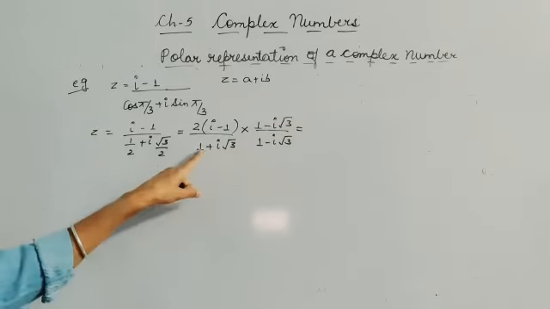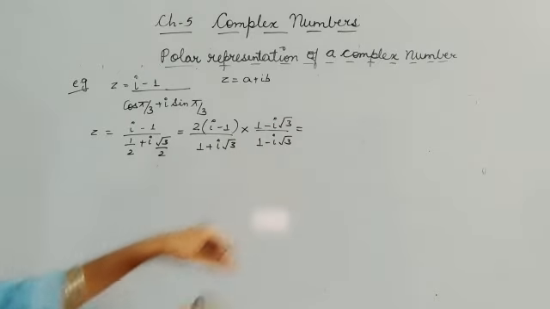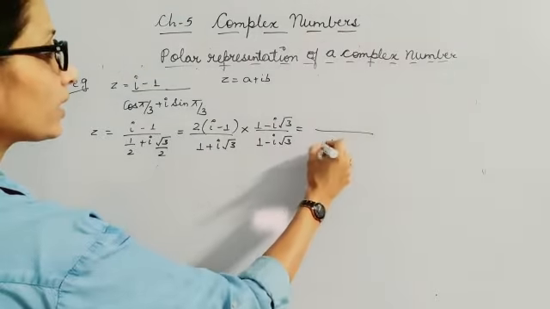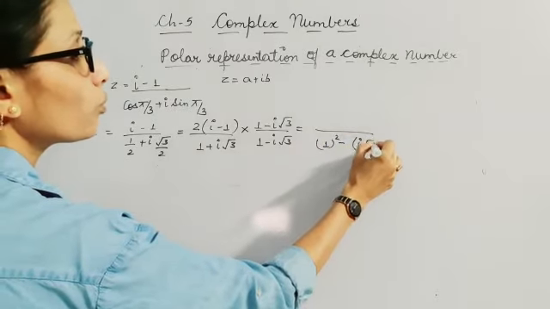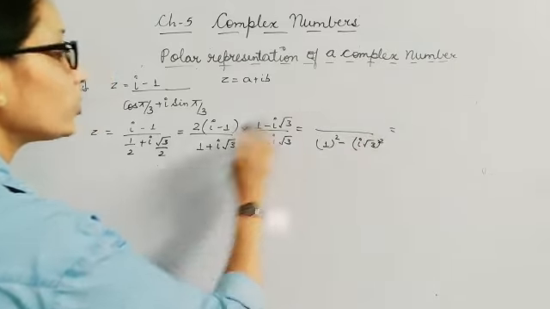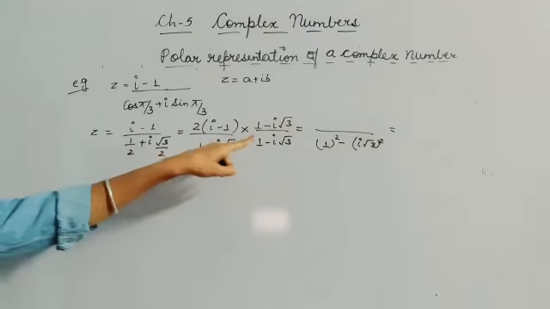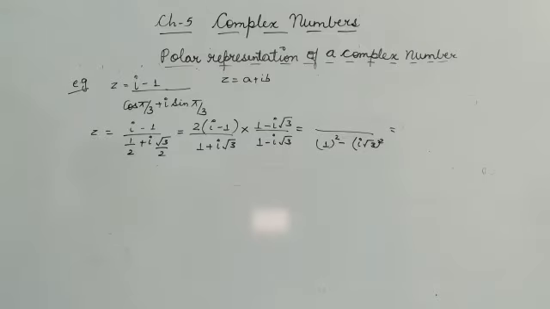In the denominator it is a plus b and a minus b form, so I can simply write it as a square minus iota root 3 whole square. And in the numerator I can simplify it and I will be getting the answer.